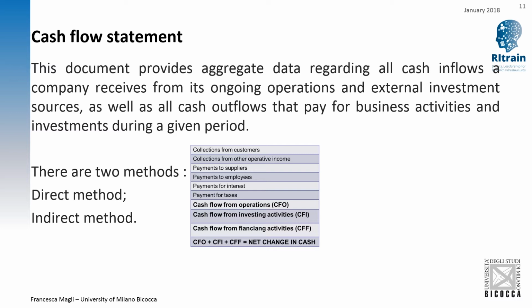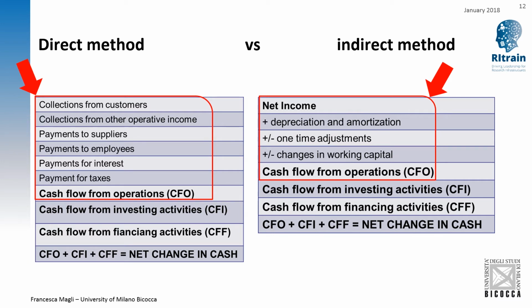There are two different methods to calculate the cash flow statement, the direct method and the indirect method. The main difference between them involves the cash flows from operating activities, the first section of the statement of cash flows. There is no difference in the cash flows reported in the investing and financing activity sections.